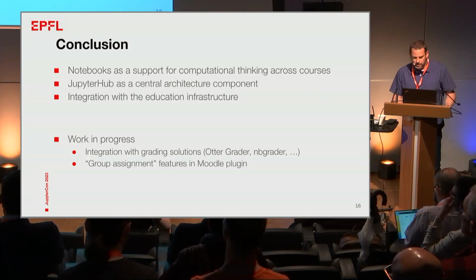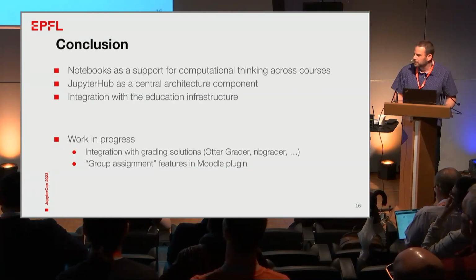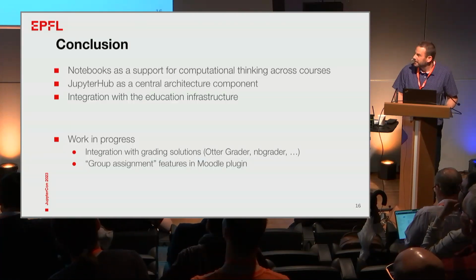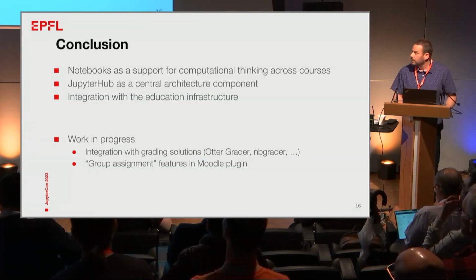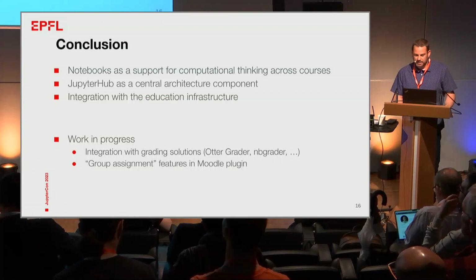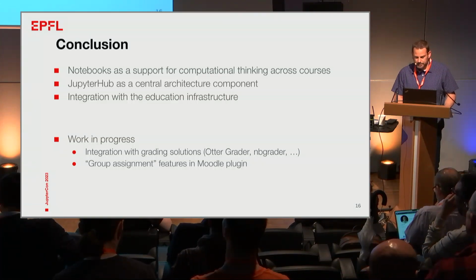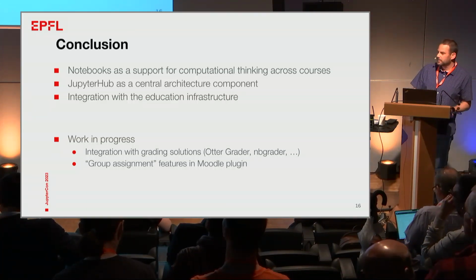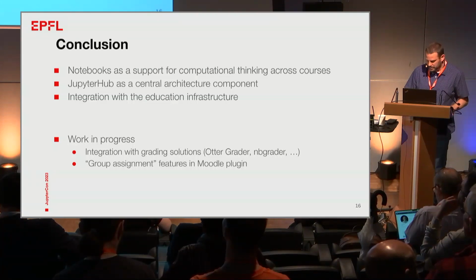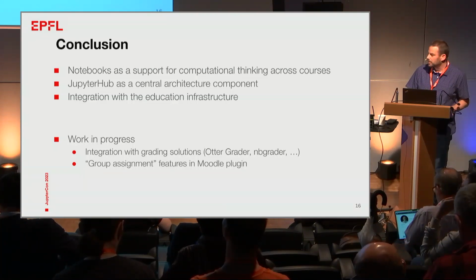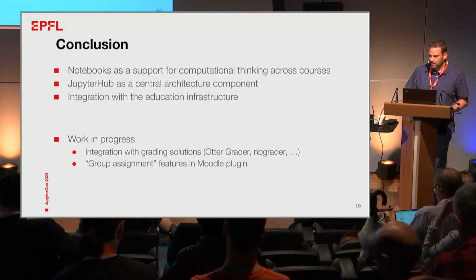And here's the conclusion. So we saw the 3 points that I told you, and what is important is the work that we still have in progress. Right now, the next step for us is to focus and find a proper solution for grading.